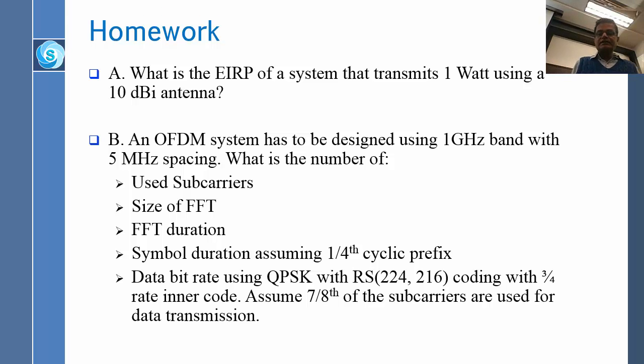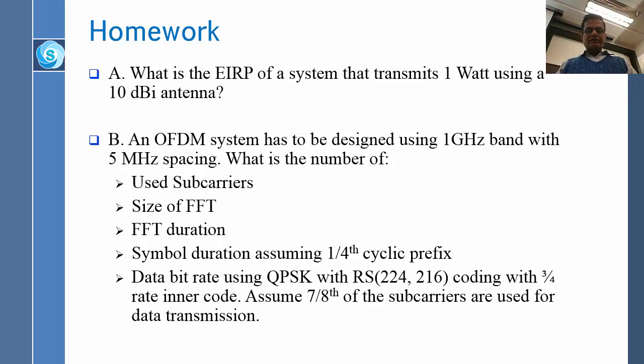An OFDM system has to be designed using a 1 gigahertz band, 5 megahertz spacing. Use subcarrier, size of FFT. Now here I have asked FFT duration, and the question was what is FFT duration? I would change that to FFT, whatever we used before, interval, what was it? Period.